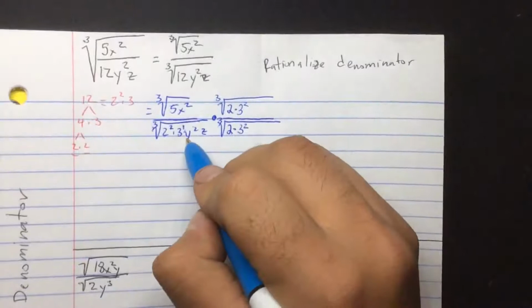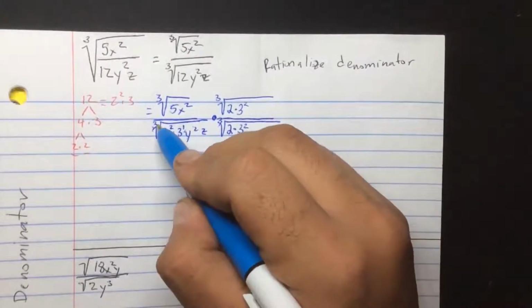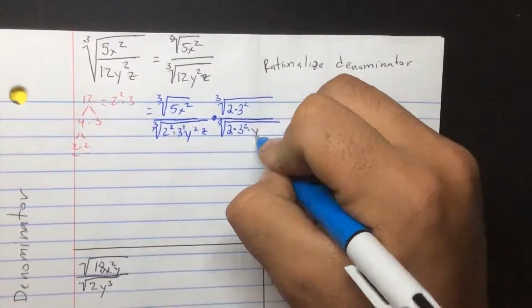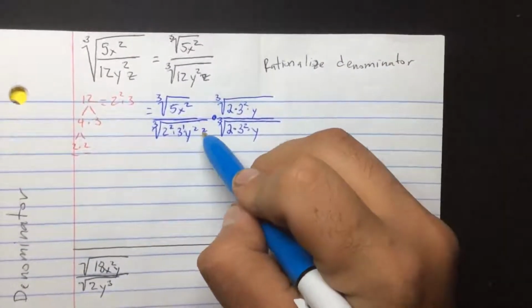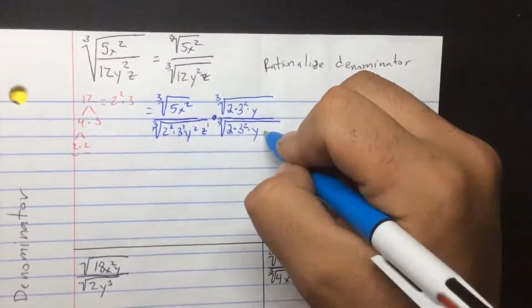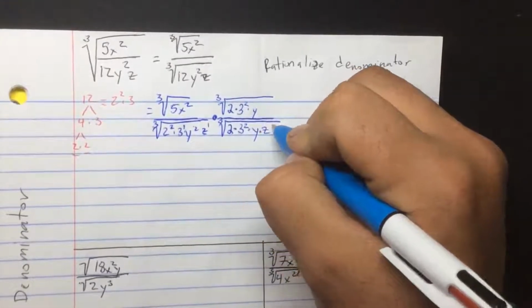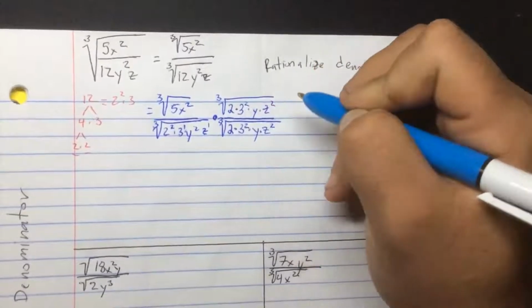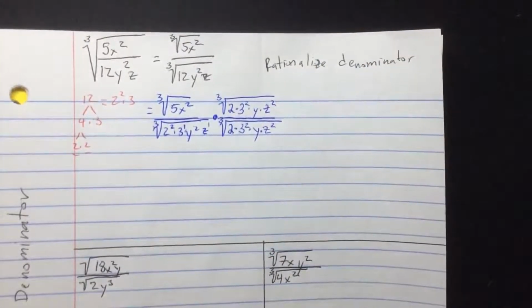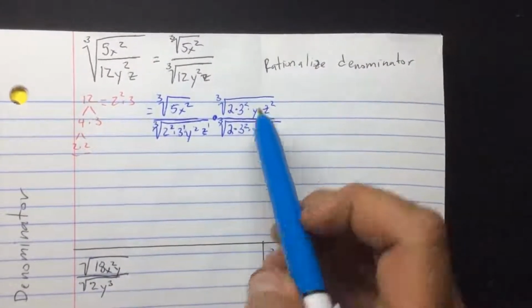This one here is y squared. So in order to get a third one, I need a third one over here. And I have z here, so z to the 1st power. So I would need 2 more copies of z in order to take it out.